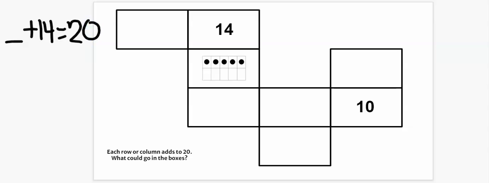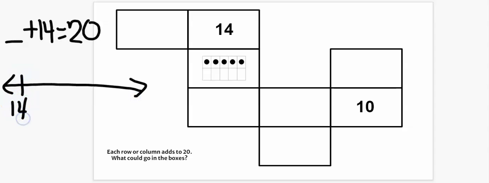So let's think, what can we add to 14 to get to 20? I can start at 14 and add up 14, 15, 16, 17, 18, 19, 20.